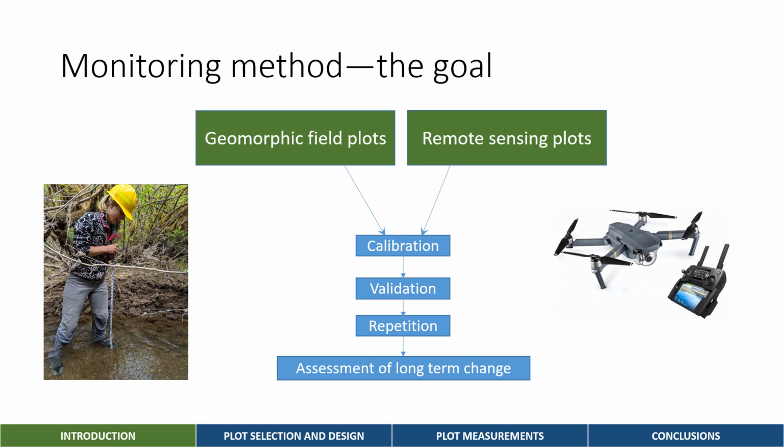And once we have this validated enough, we can eventually repeat it in a more long-term sense using the remote sensing methods after we establish those relationships with on-the-ground data. This will allow us to assess change over a longer period of time than we otherwise would be able to.